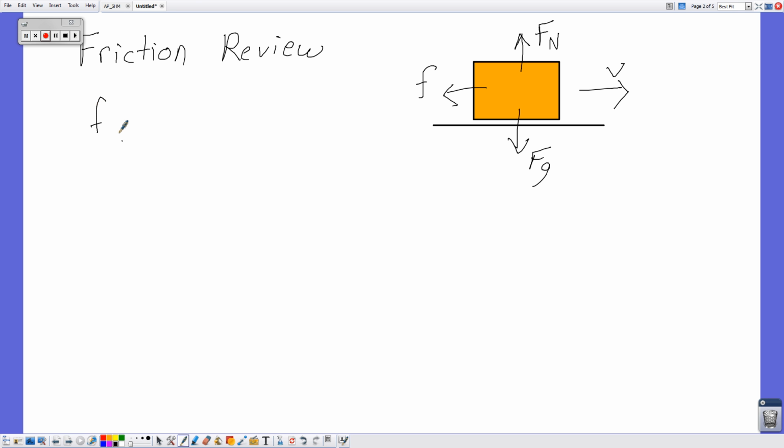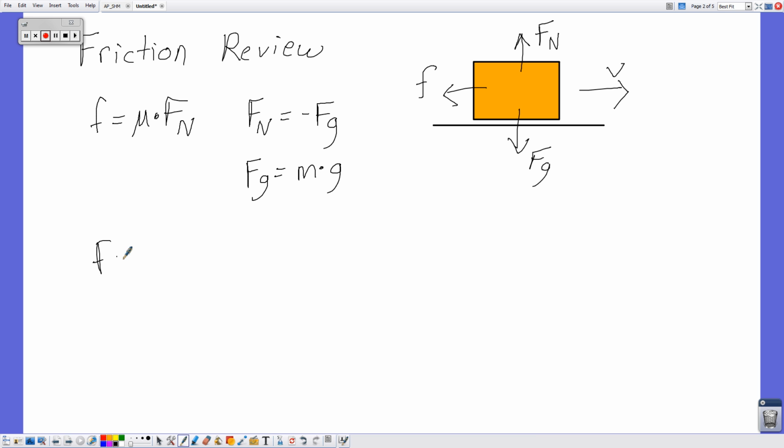Friction. We happen to know the equation for friction is the coefficient times normal force. But we know what normal force is. It's equal and opposite to the gravity force. All right, but we know what gravity is. Gravity is m times g. Okay. So let's just substitute all this back in.